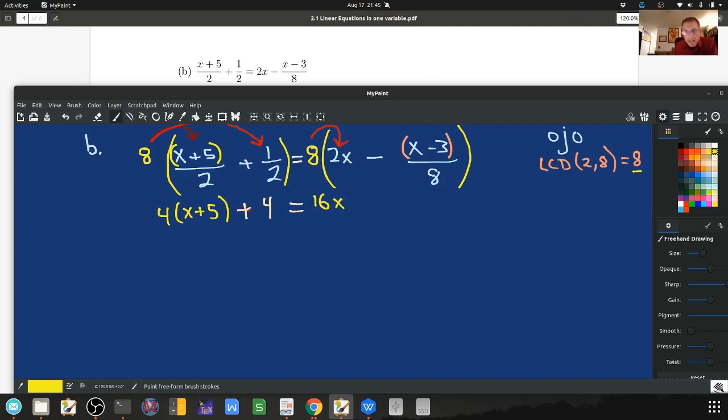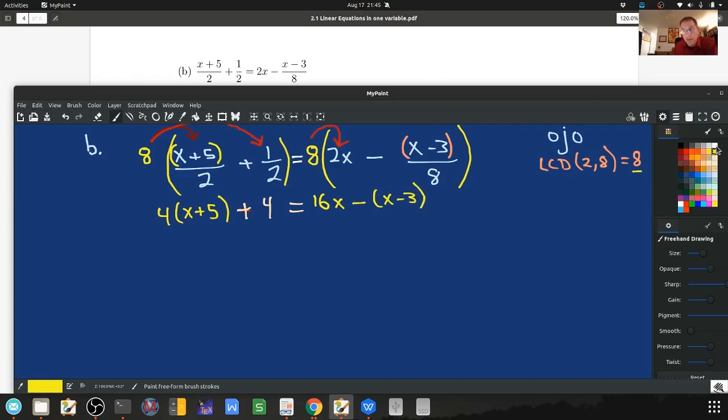And 8 times -(x - 3)/8 is the same as 8 divided by 8, which is 1, times -(x - 3). It's really important you have those parentheses there.